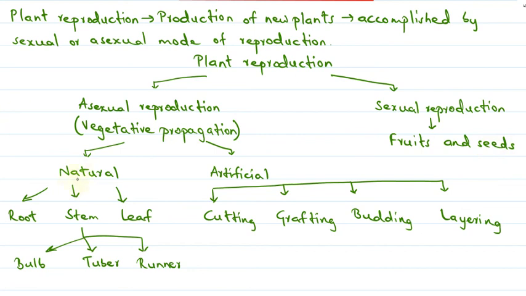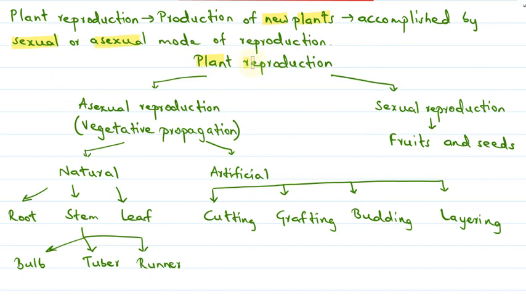Okay, so now let's quickly revise the things we have studied. We studied what is plant reproduction. So plant reproduction involves the production of new plants, that is production of new offsprings of plants, and this is accomplished by either sexual or asexual mode of reproduction.